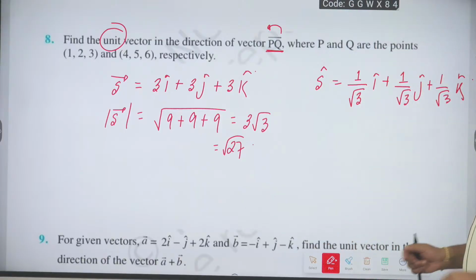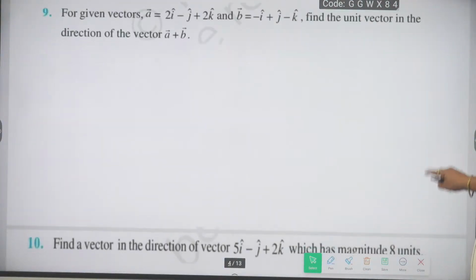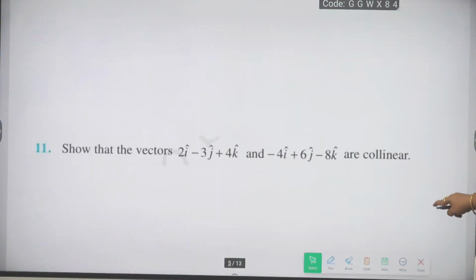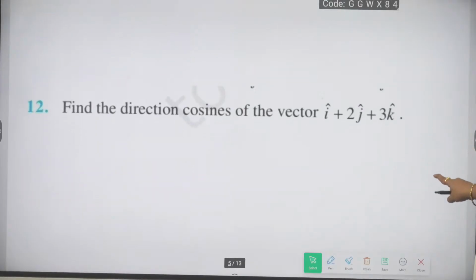Last question of today, which will be discussed. All the PDF I will discuss in tomorrow's class.